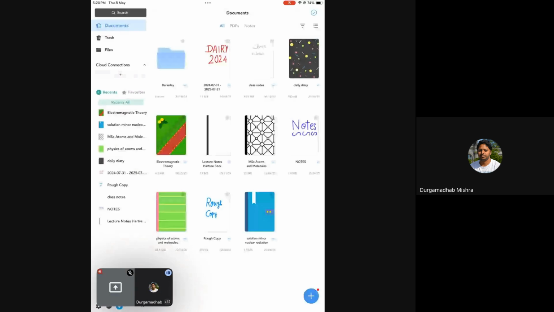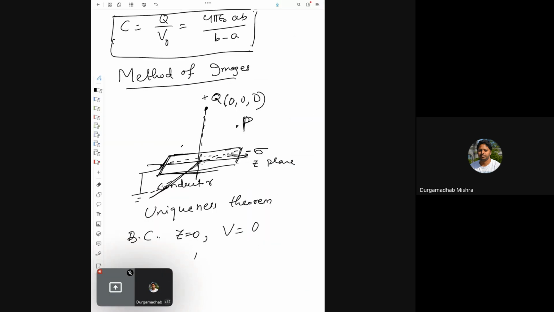Another boundary condition is that if the point P is far away from any of this configuration, that we know.